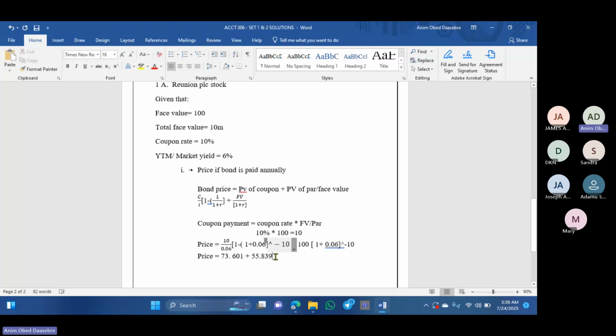So now you add all and get the final answer for the bond price. So when you add all, what are you getting?